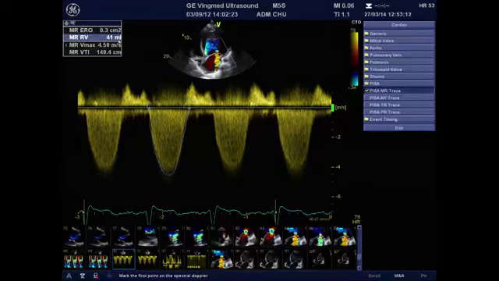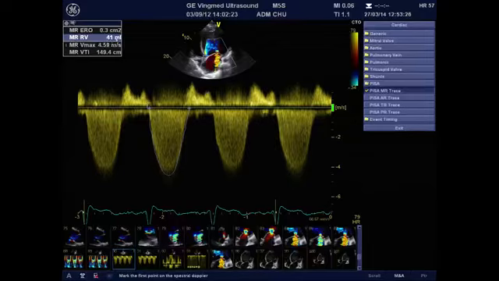So what does it mean? It means that we have an intermediate severity of regurgitation according to the guidelines and recommendations, and you know the cutoff is 40 millimeters squared to define severe MR and 60 milliliters to define a regurgitant volume that is also severe.